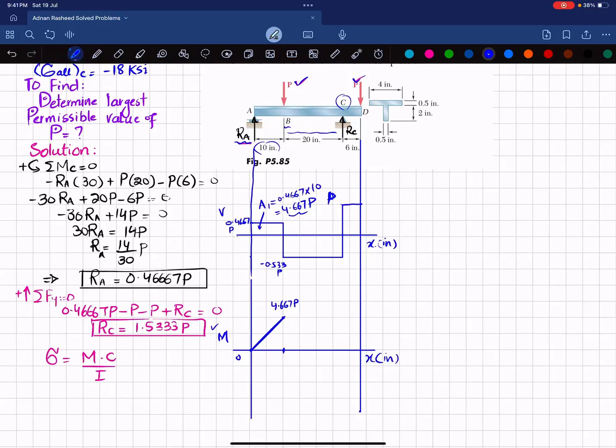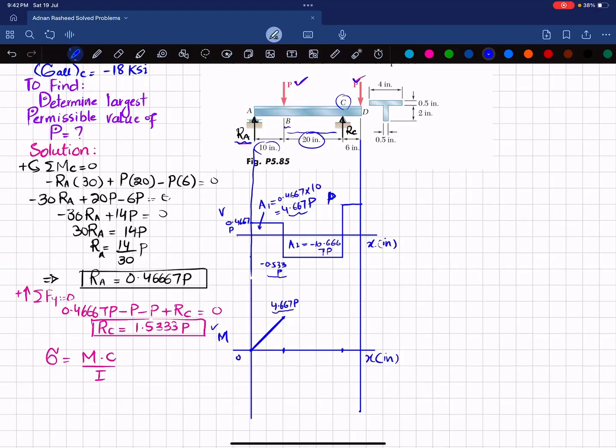Okay. Now this is the second area, A2, and this second area is equal to minus 0.553 multiplied by 20. And that will give you the value of minus 10.6667 times P. Okay. Now what will be the bending moment at this point?